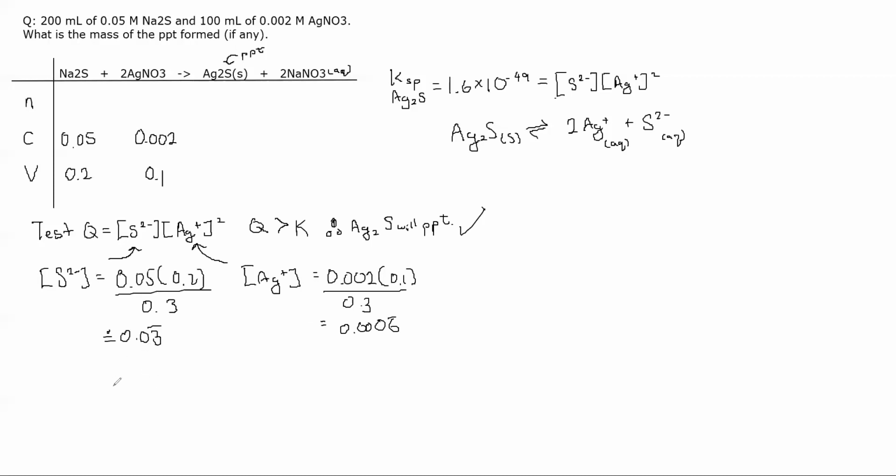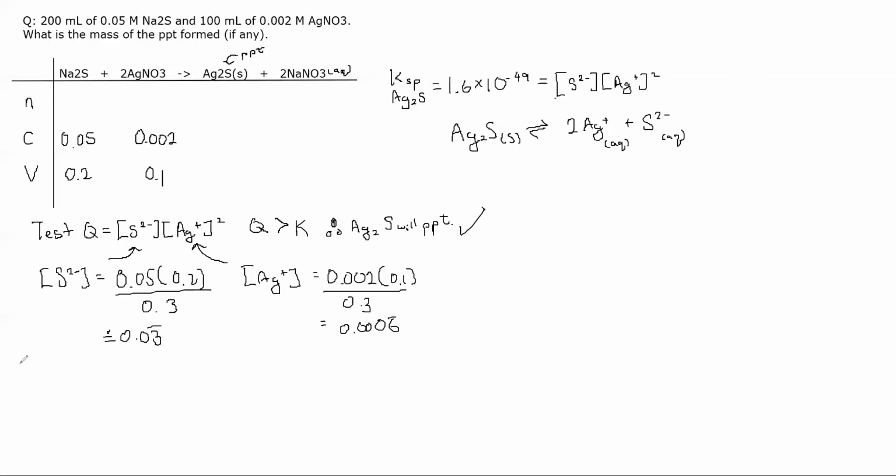But the idea goes on further. In fact, this number is so small, I'm actually going to test right away how much sulfur and how much silver will remain dissolved. So how about I use a different color to show that this is a different part of the calculation.